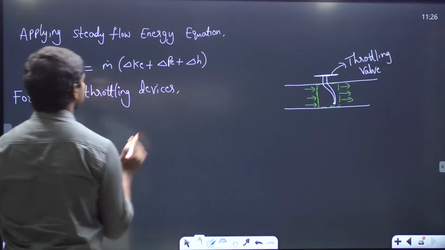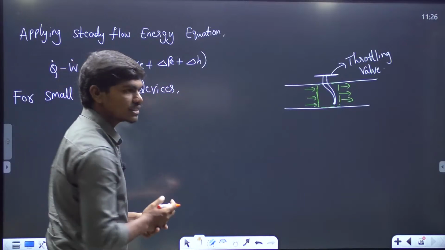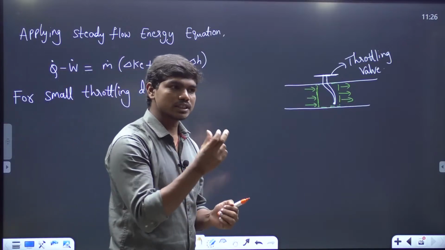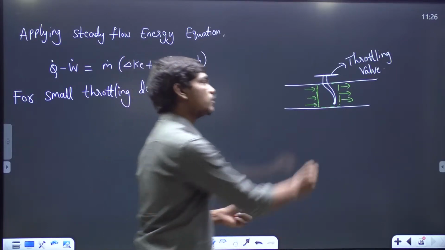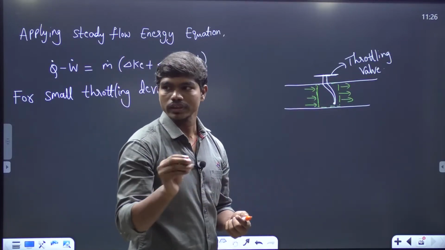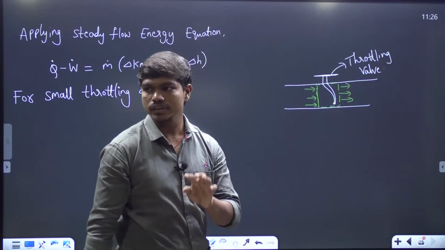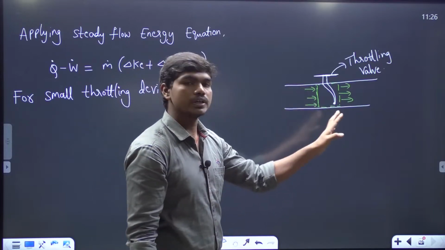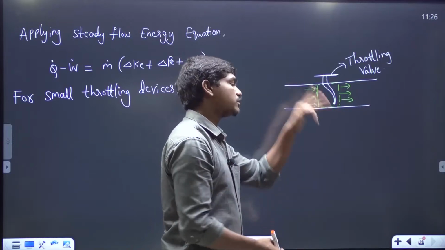So for small throttling devices, the heat interaction is zero, because as I told you, when the space is very small, the fluid crosses the control volume within very little time. Correct? Within that particular short time, it's really hard for the fluid to exchange heat with the surroundings and from the surroundings to the system.